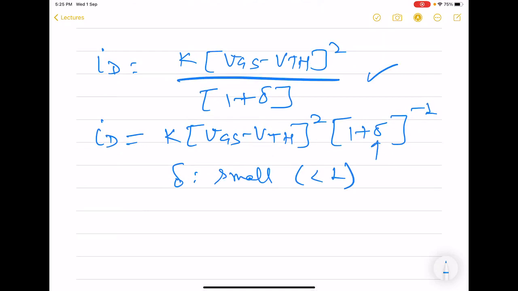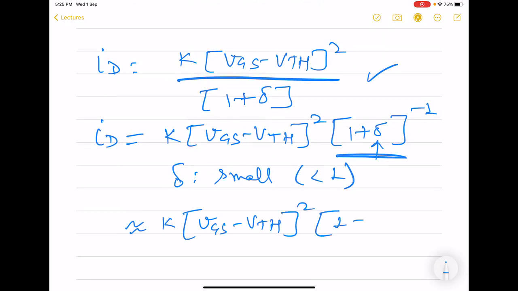So since delta is small, this term can be expanded, and we can neglect the higher terms of that expansion, and in that case this will become simply 1 minus delta. But in general, this expansion will have infinitely many terms.